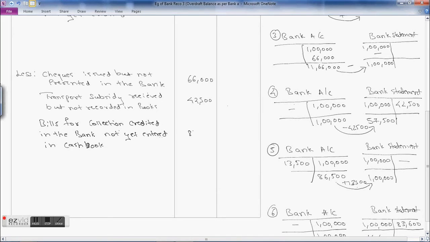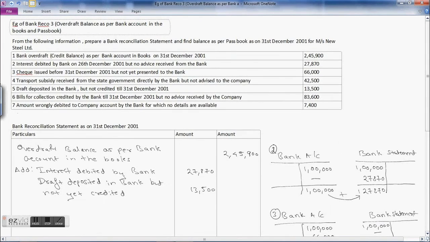How much is the amount? 83,600. Okay, now one more transaction is left.